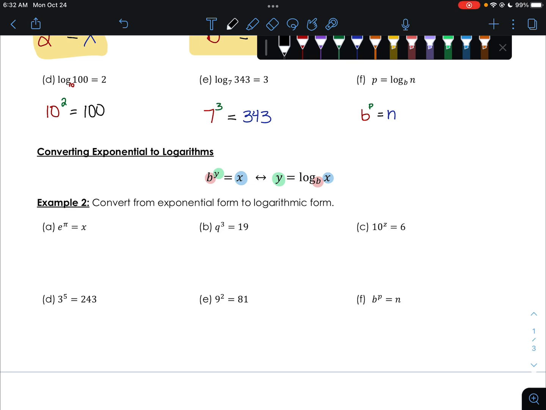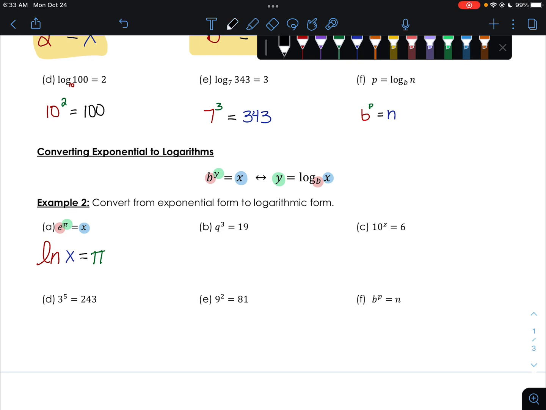But I notice in A that is a base e, so instead of writing log, I'm going to write the natural log. It's going to be the natural log of x equal to the power of pi. So again, the pi and the x.